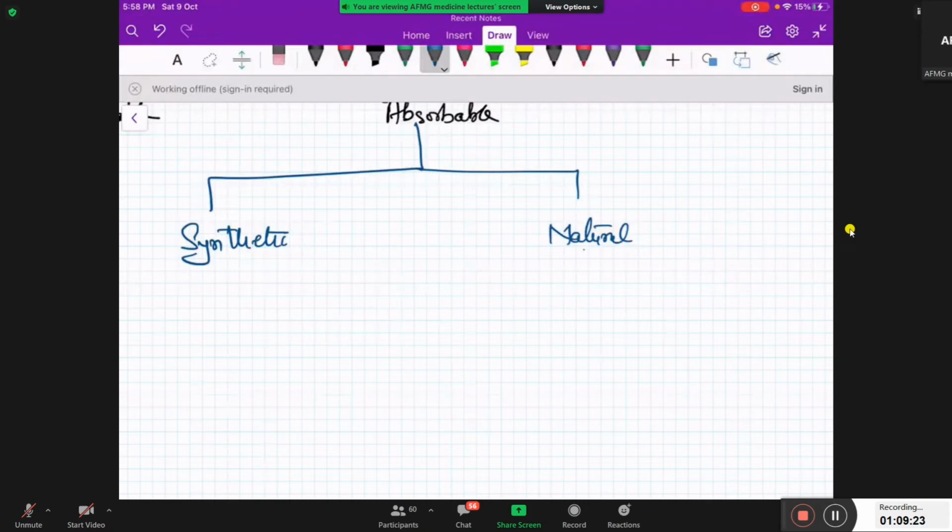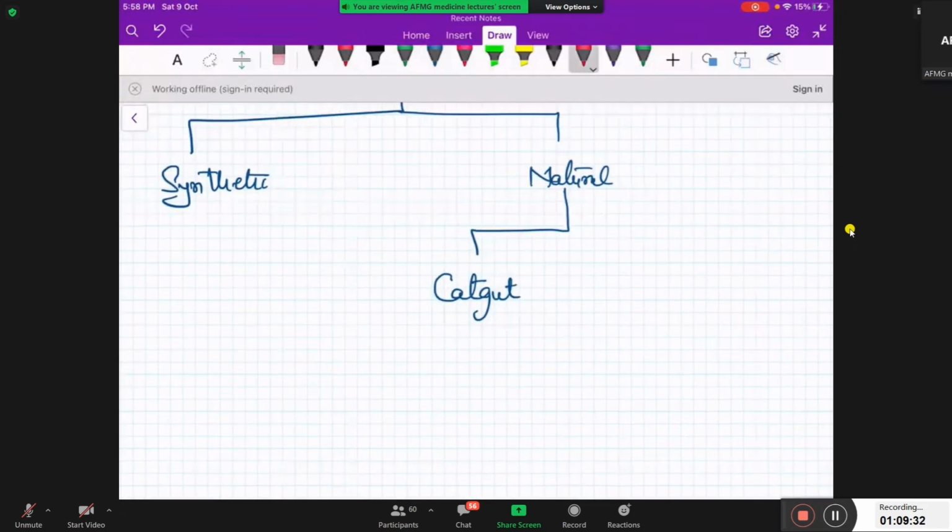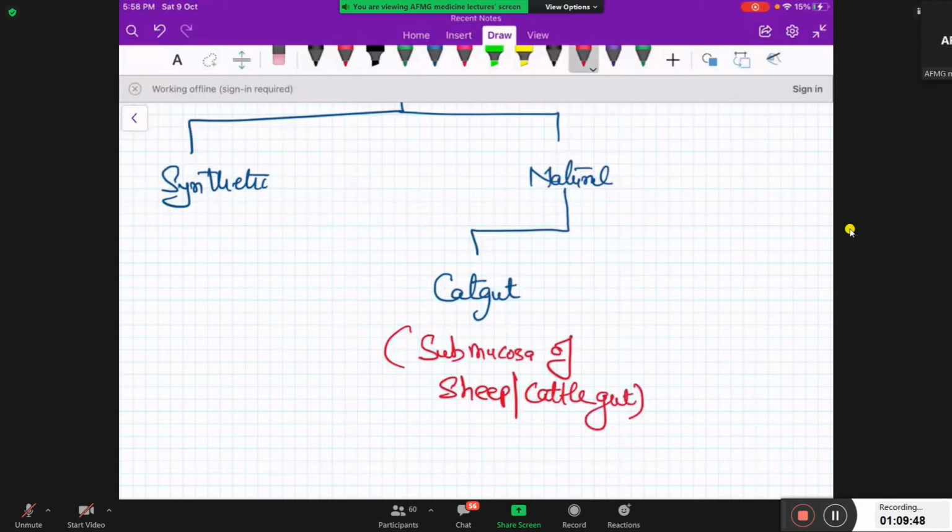In natural, we have catgut. Now, what is this catgut? Catgut is a suture material derived from, very important, the submucosa of sheep or cattle gut.